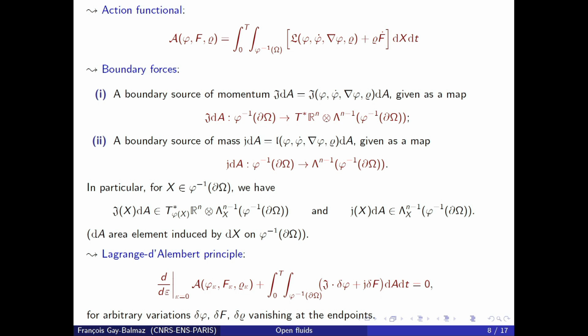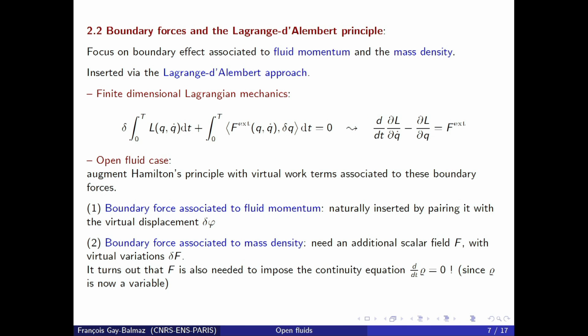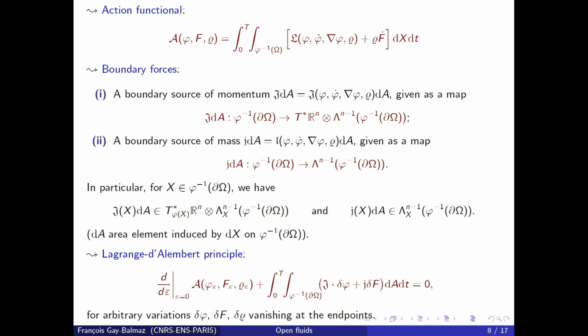So first, the action functional, as I said, is integrated on this domain, but also we add rho times F dot to include the fact that rho dot is preserved. So we add constraints indicating that rho dot is constant. And at the same time, the variations of F will be used in this part to impose the boundary flux in mass that we need.